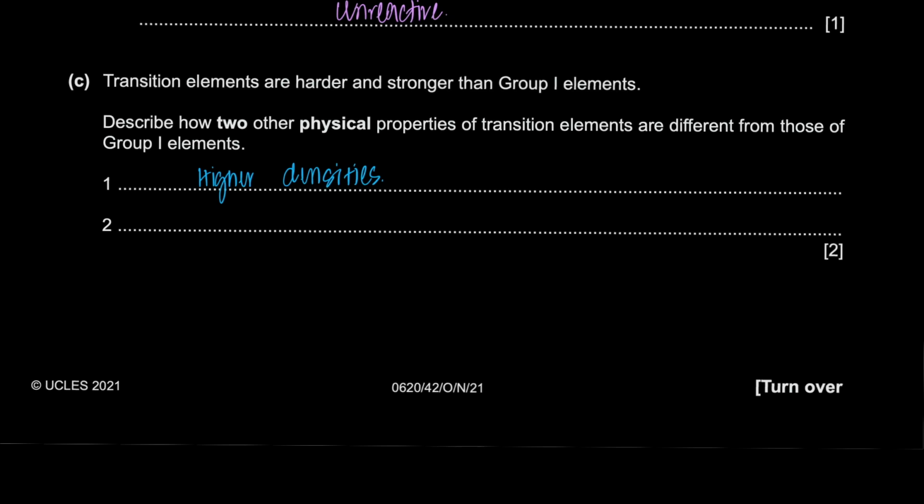They form compounds, form colored compounds. That's what I meant. Let's erase that. Form colored compounds.